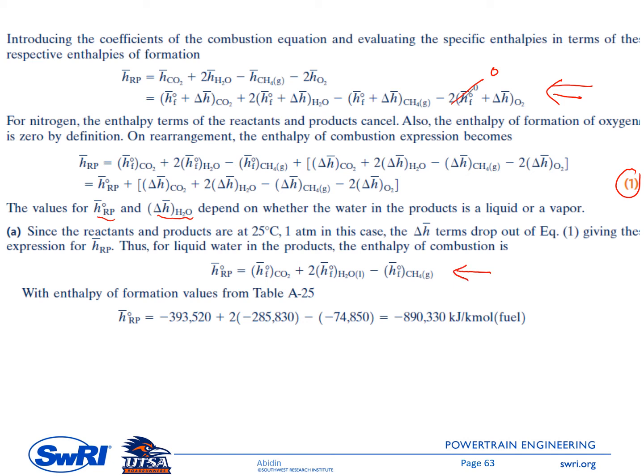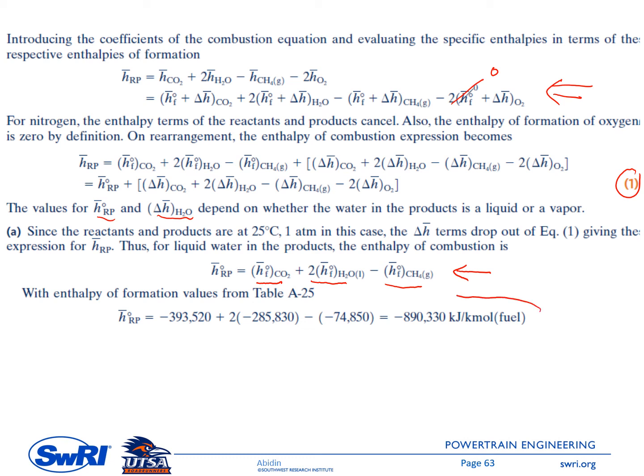So the enthalpy of combustion equals the enthalpy of formation for CO2 plus 2 times the enthalpy of formation for H2O, and then minus the enthalpy of formation for methane. And we can use table A-25 to get these enthalpies of formation.